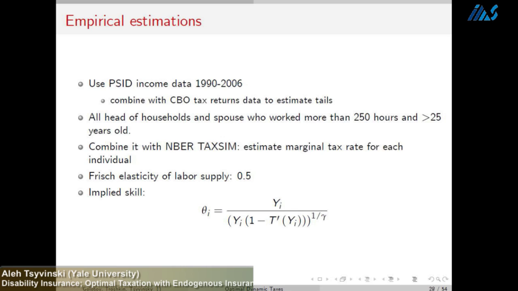We have the current system of taxation. What's the current system of taxation? It's very nicely summarized by NBER TAXSIM. So if we look at, say, PSID data, we can match to each person the marginal tax he has to pay.